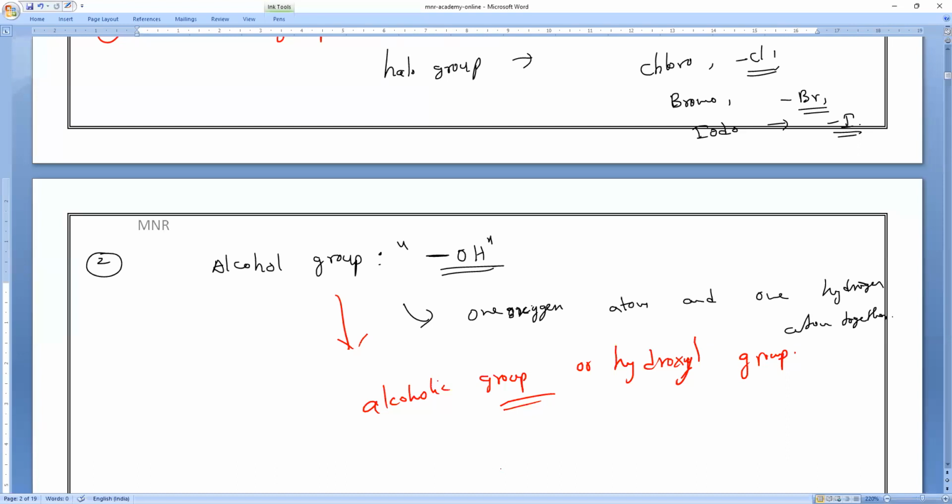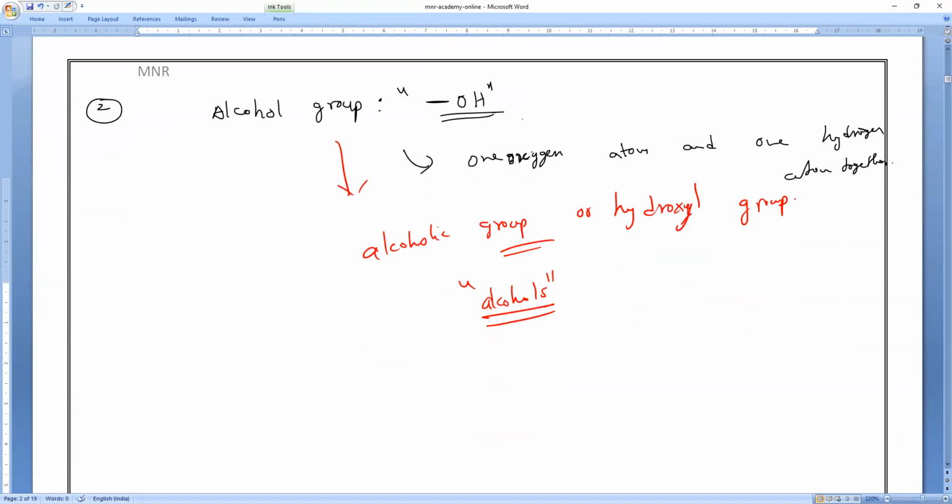The compounds containing alcohol groups we call alcohols. Wherever we see the OH, it is actually the alcohol. The standard formula of alcohols is represented as R bond OH.